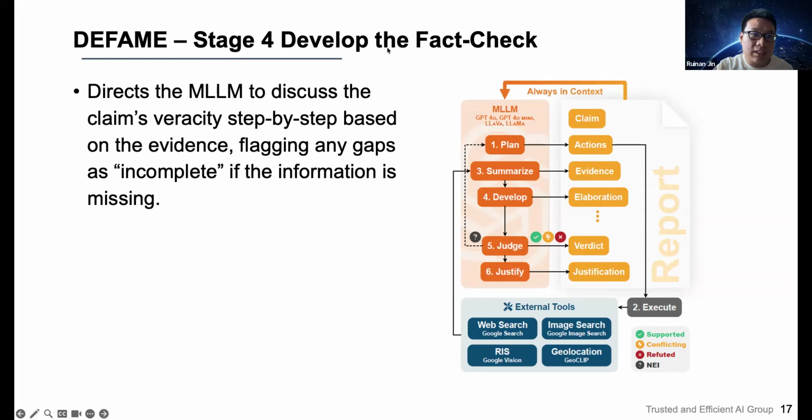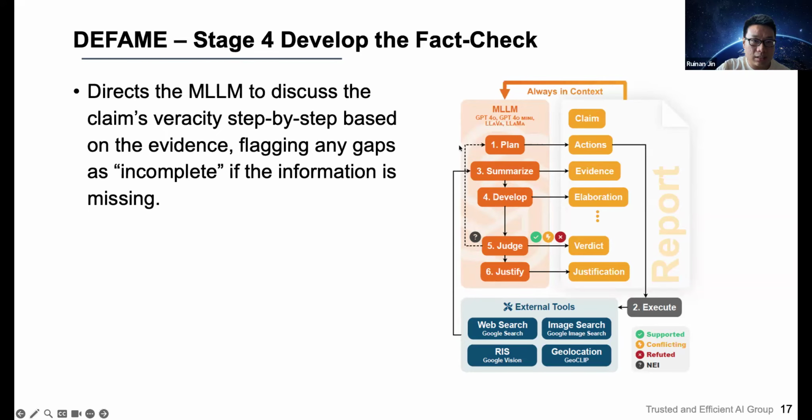And here comes stage four, in which they use the previously retrieved information to develop the fact check. Basically, the framework directs the MLLM to discuss the claim's veracity step by step, based on the previous evidence, and flag any gaps as incomplete if the information is missing.